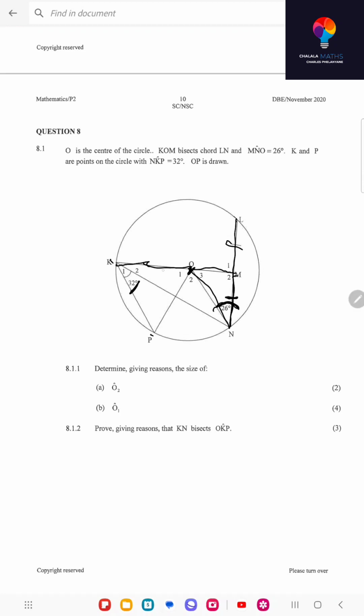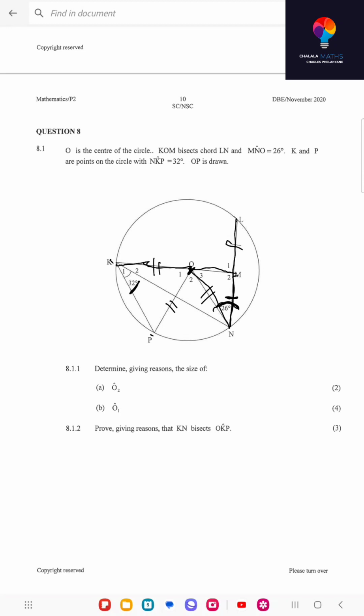So we have the radii here, OP, and ON, and OK. All these radii are equal in size.